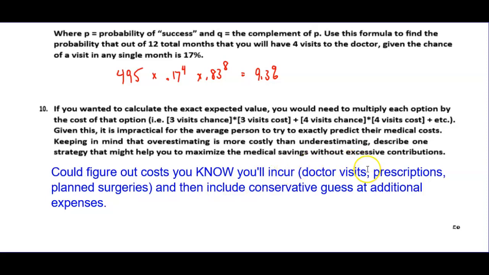If you have been putting off a surgery, you know you're going to have a surgery, or maybe you have a follow-up MRI for a previous surgery every year. You know what some of your costs are. Add those up first. Then go and make a conservative guess at the additional expenses. But if you're not sure, try to err a little bit lower, because then you're having less money come out of your pocket if you're wrong. Whereas if you're wrong on the upper end, then all you're losing is the taxes.